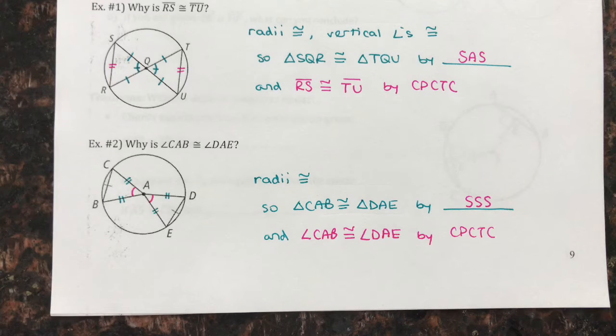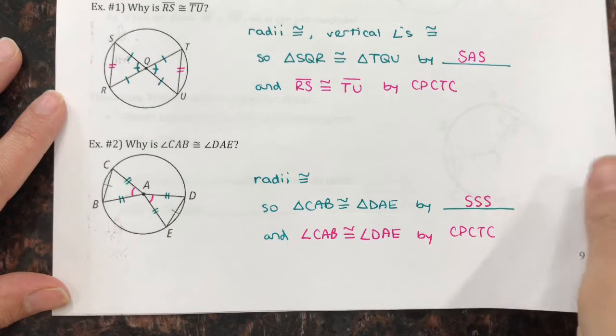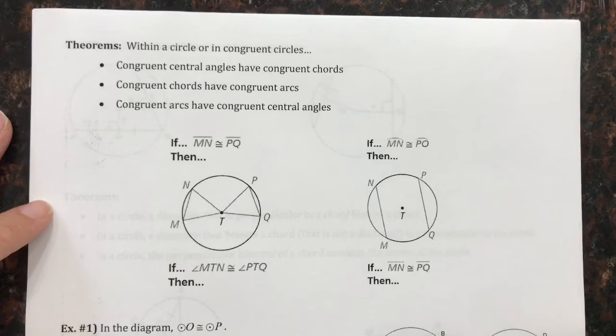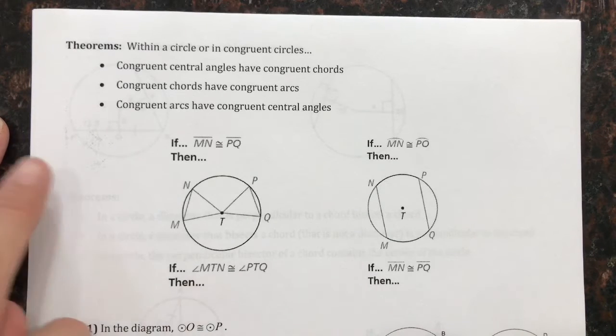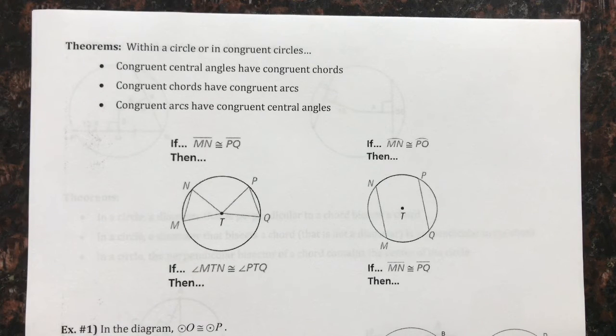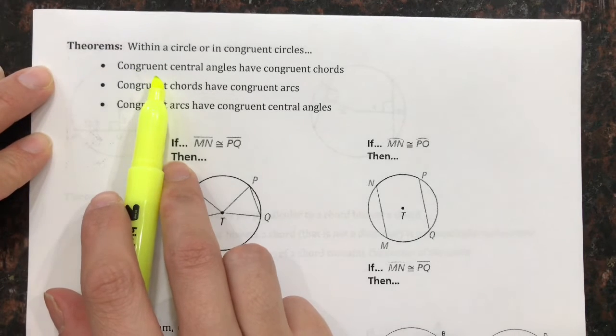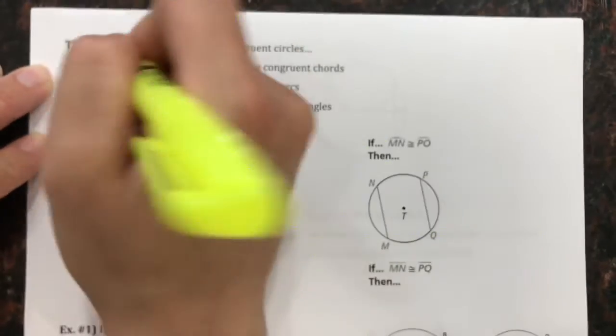All right, so let's jump to our next page. And those couple example problems lead us to some theorems about chords. So within a circle, or congruent circles, congruent central angles have congruent chords.